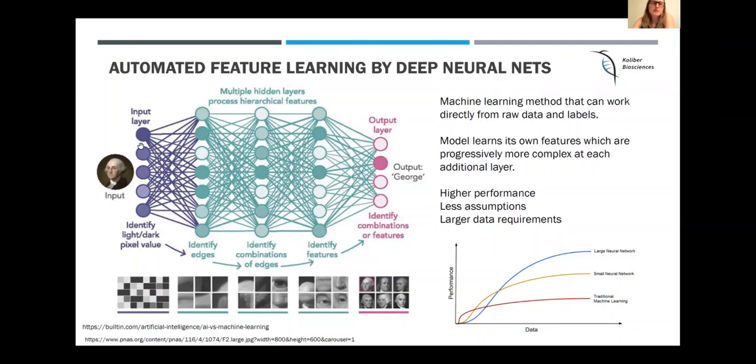And then you feed it names of famous people associated with those images. And what you notice is that the different layers of the network, the networks actually learn how to recognize more complex features, right? So initially, it's just edges and gradients of color. Eventually, it's literally parts of faces and then combinations of those features that allow the algorithm to learn how to recognize famous people.